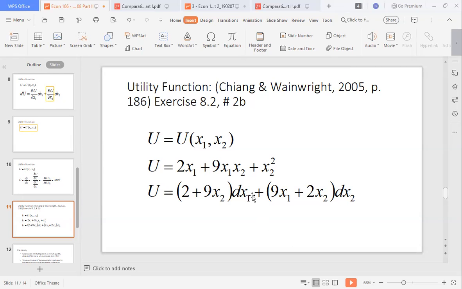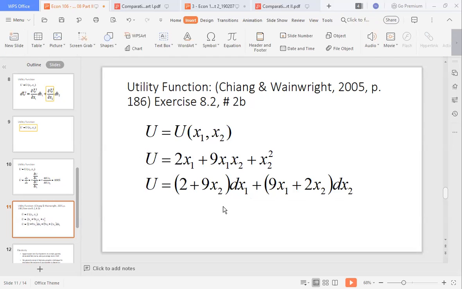So again, class, we are solving for the total differential of u, when we allow changes in our combinations of these two goods. What would be the total effect on the dependent variable, which is your total utility? So the total differential is du, that is 2 plus 9x sub 2, multiplied by the change in x sub 1.